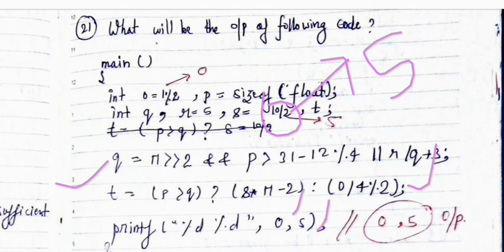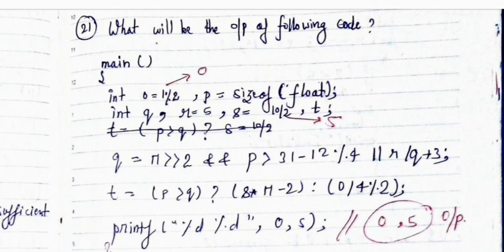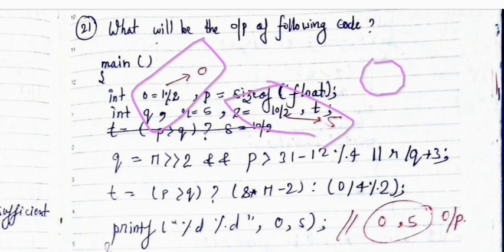It looks very difficult and tough, but it is very simple. The value of o is equal to 1 modulo 2, so o is equal to 0, and the value of s is easily defined as 10 by 2, that is equal to 5. So the output of this program is 0, 5.